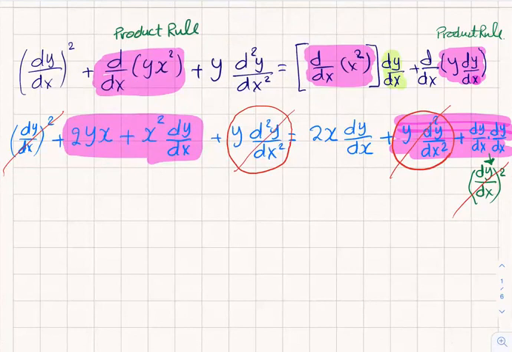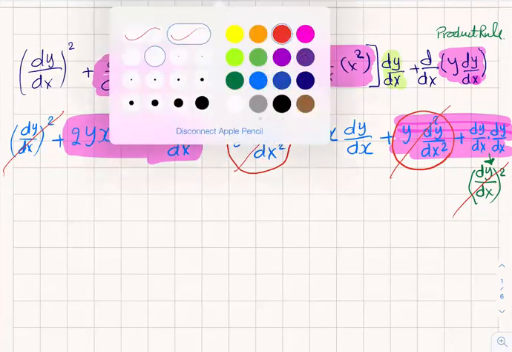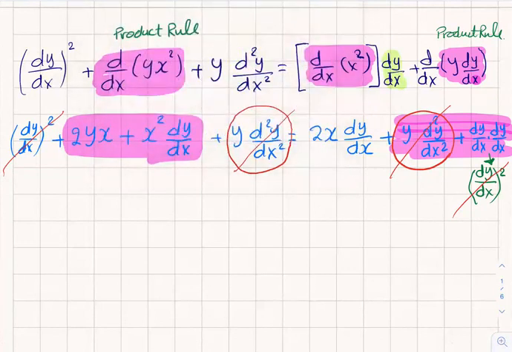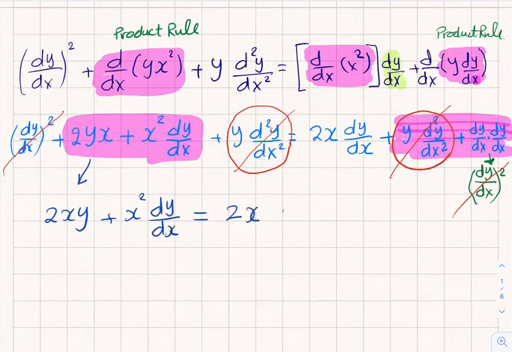So we end up with 2xy plus x squared dy/dx equals, sorry, 2x dy/dx. See how simple it is now. And in the question, they ask us to find y equals.